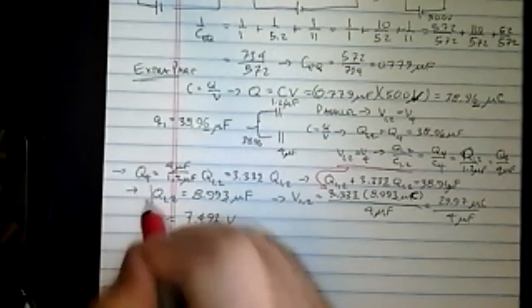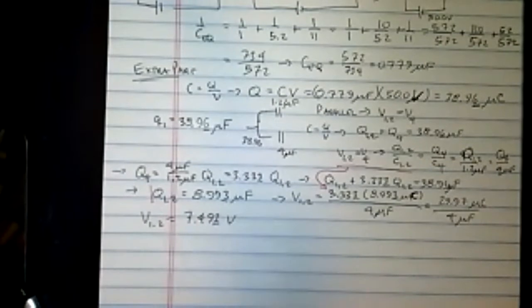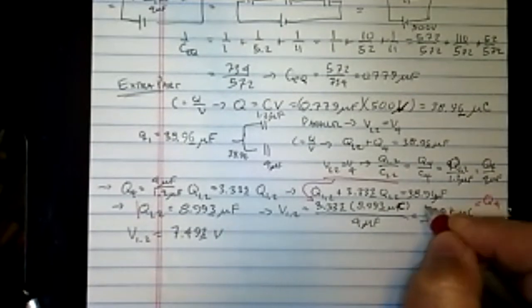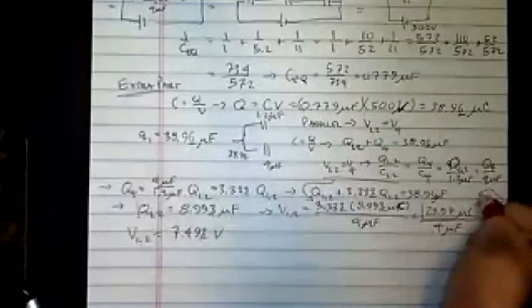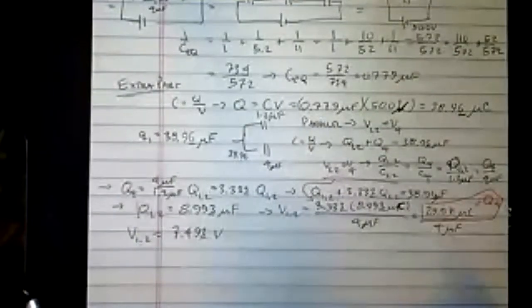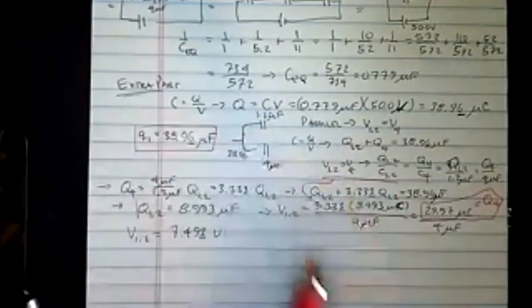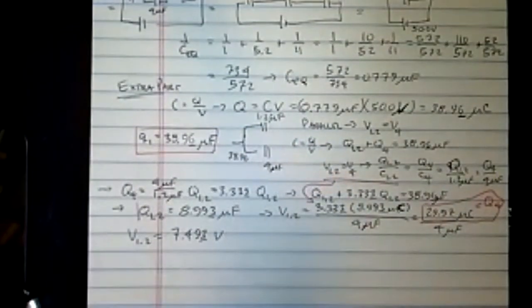I have Q12. That's actually not valuable because that's not one of the original things, but this is Q4. So that is valuable. So there's one answer. I also got Q1, which was the charge on capacitor 1. I've got the charge that went to 1.2, but that doesn't help me because 1.2 is made up.